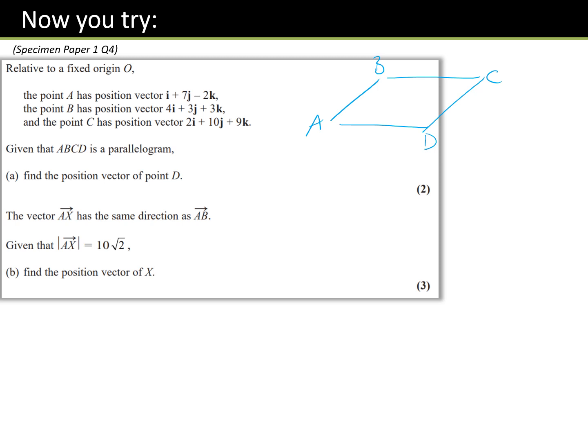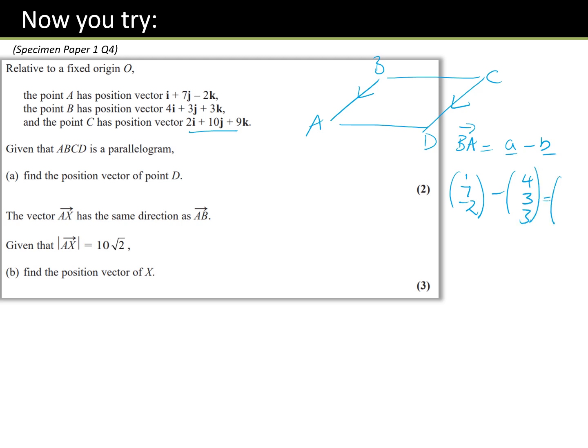So we can see, because the way we label it, in order to get from C to D, it's the same journey as B to A. So if I can get myself to C, which I've got as a position vector, and then just do the same journey that goes from B to A and add that on to C, I will get myself to D. So we need to find the journey B to A. So B to A, using those reverse vectors, is just A minus B. So A is the vector 1, 7, minus 2, minus B, which is 4, 3, 3.